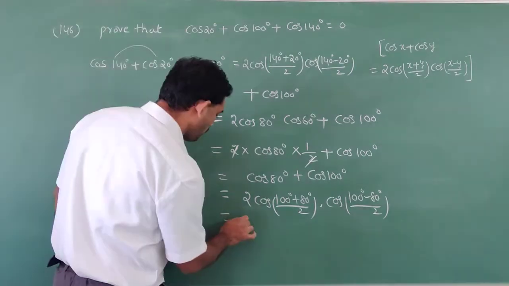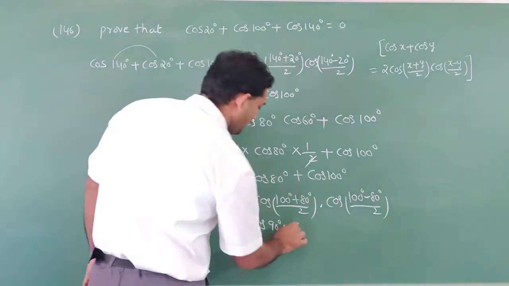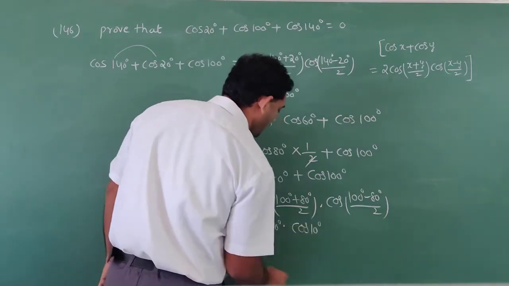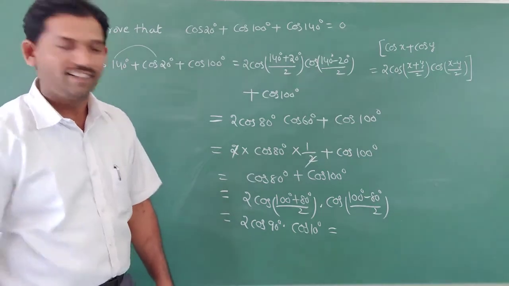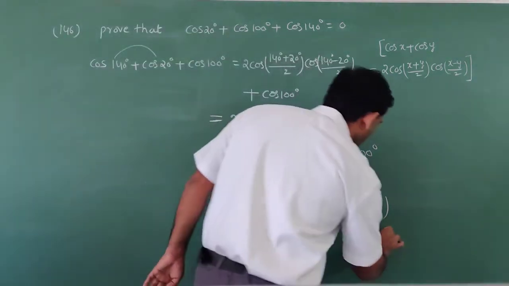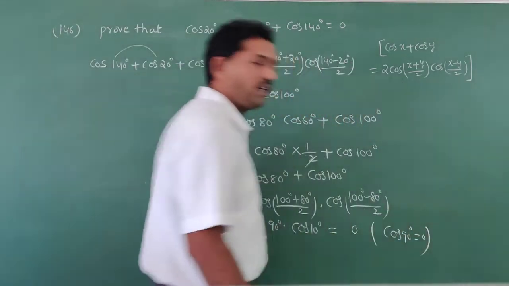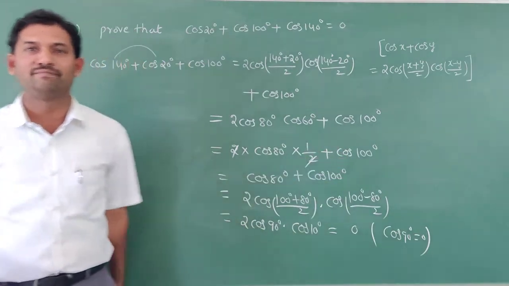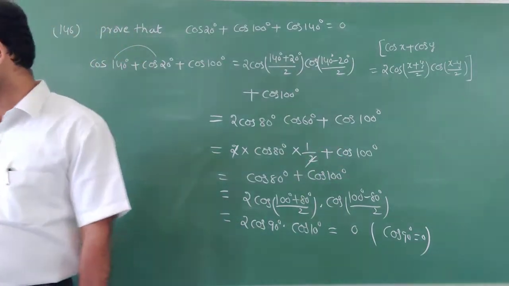First value 2 into cos 90 degrees cos 10 degrees. Cos 90 degrees value is already 0. 0 into anything is 0. That is our solution.